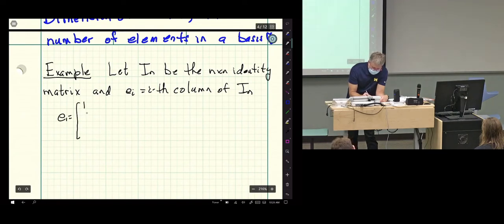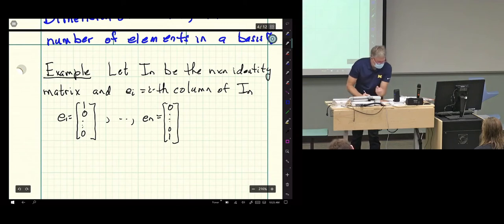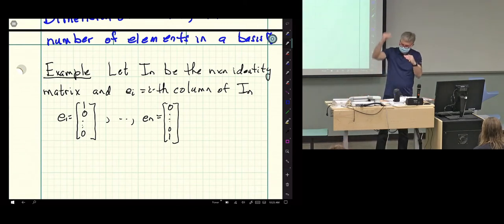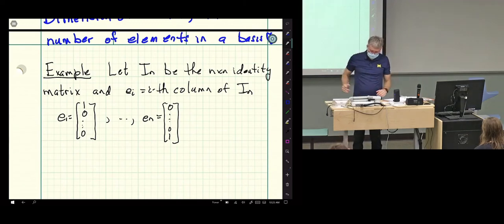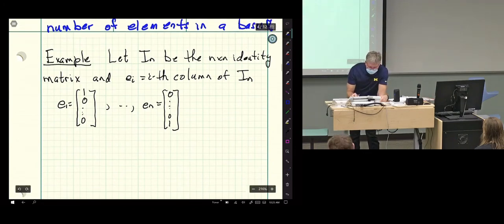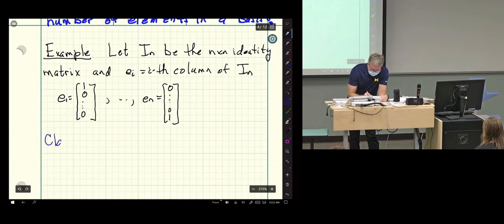So e1 is just 1, 0, dot, dot, dot, 0. And then en is 0, dot, dot, dot, 0, 1. And ei is zeros, and a 1 in the ith spot, and then the rest of them are zeros. So we claim that these guys form a basis.